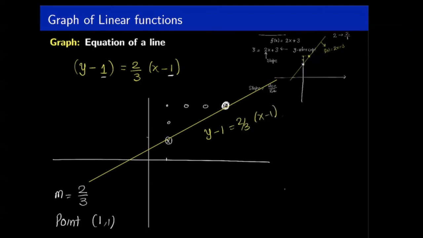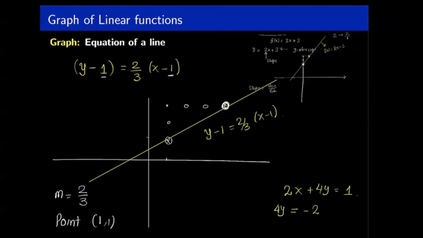Now, if you have a function which is written in the general form, what I suggest is to convert that function either into a point-slope form or into a slope-intercept form. And how you can do it is basically you have to solve for y in terms of x.